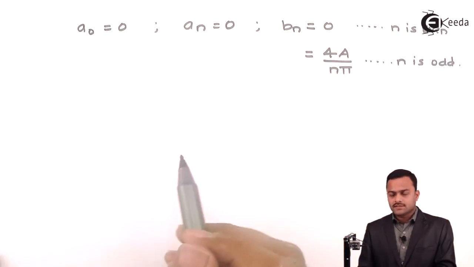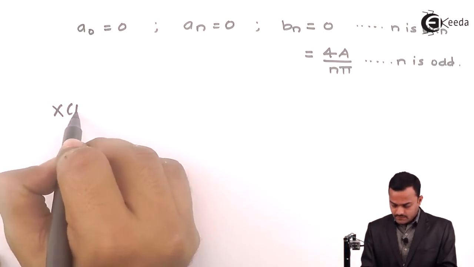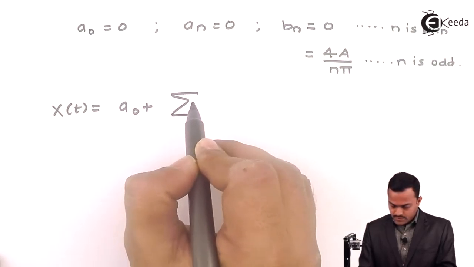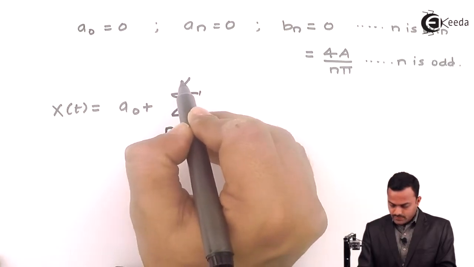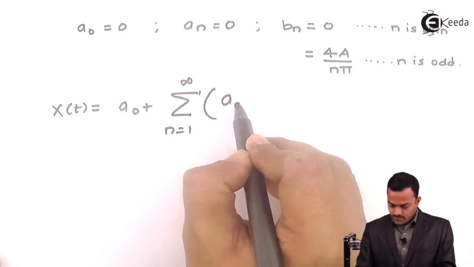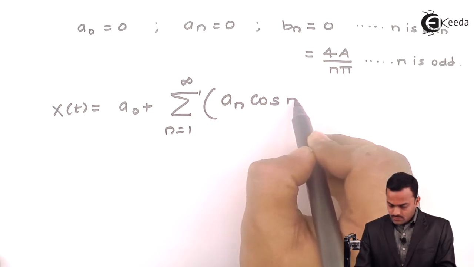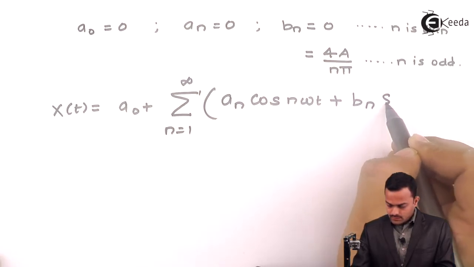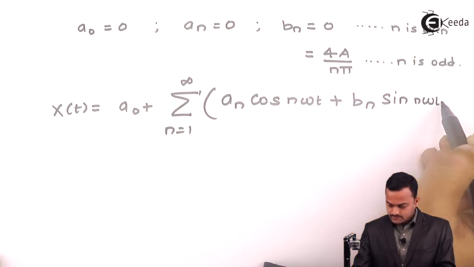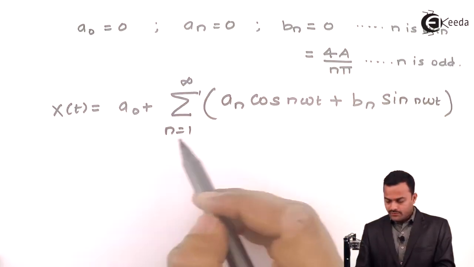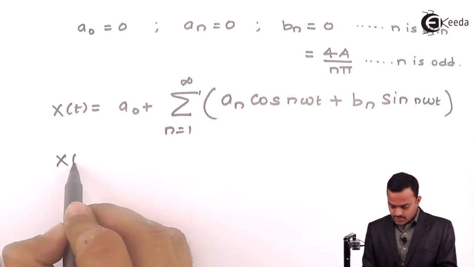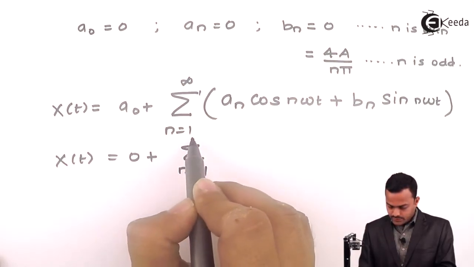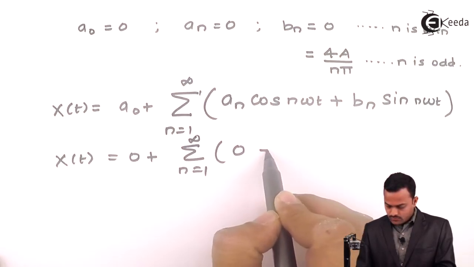Now with respect to this, our x of t having a representation a0 plus summation n from 1 to infinity an cos n omega t plus Bn sin n omega t, and if I put all the values in the end, I will get x of t as 0 plus summation n equal to 1 to infinity 0 plus Bn.